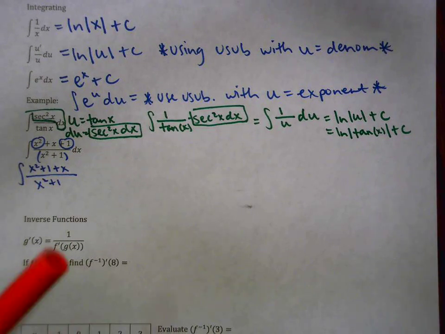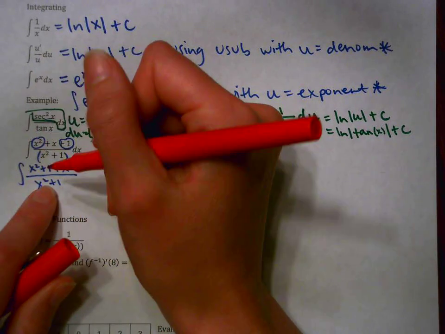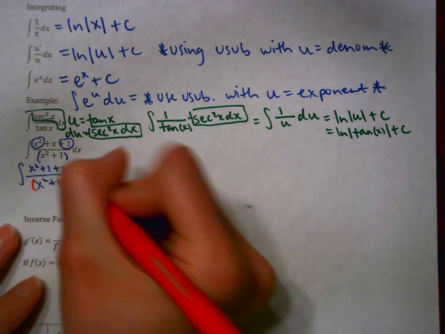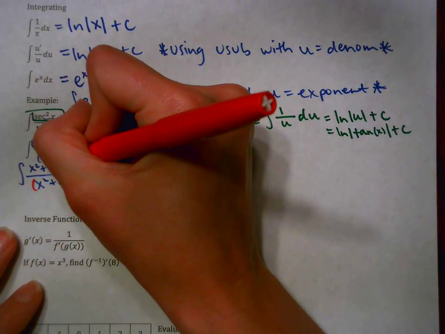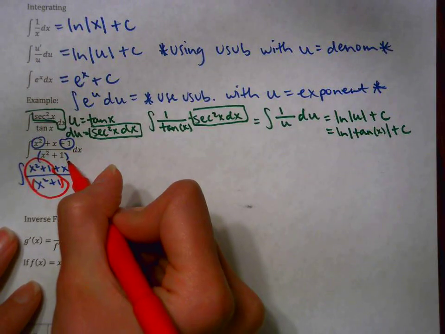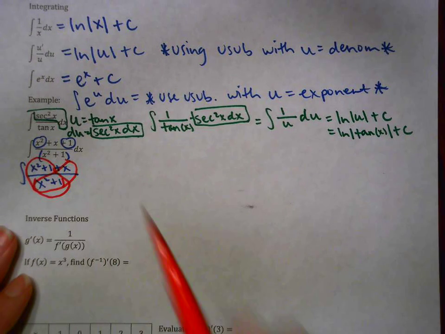So now we can see that this is equivalent to this. We can separate the numerator as long as we keep the denominator together. So we can divide x squared plus 1 by x squared plus 1, and then we can also divide x by x squared plus 1.